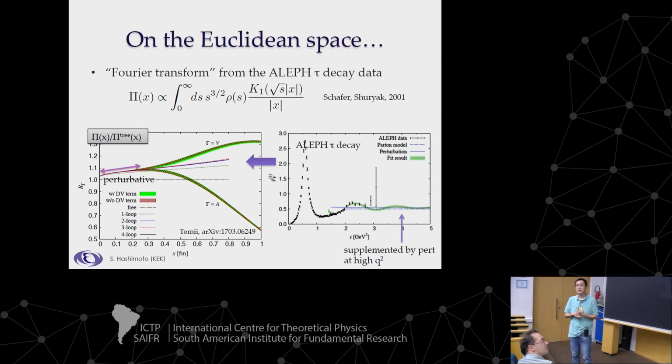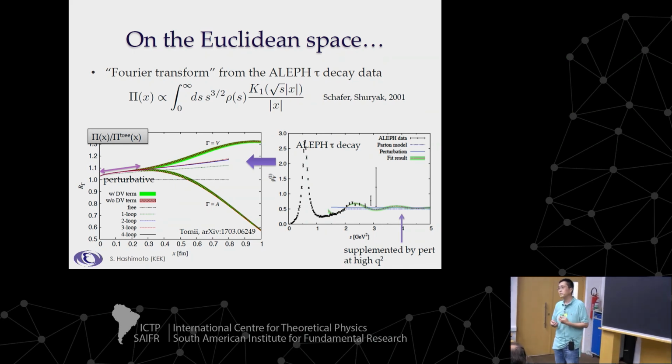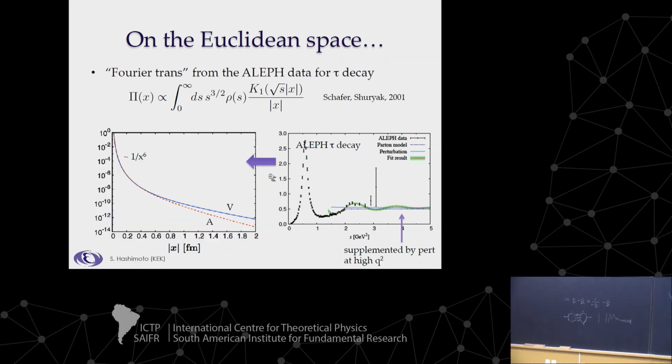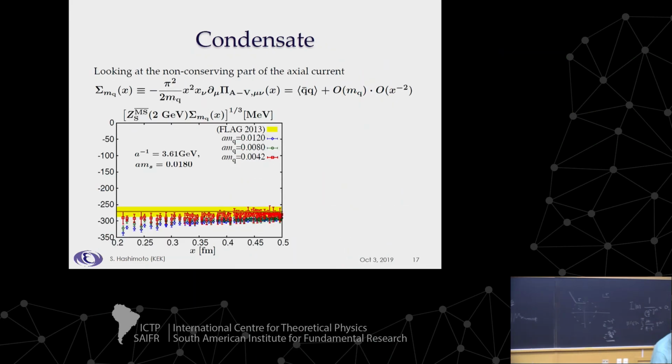Okay. Any other questions? In the extraction of the quark condensate from these current correlators, you're using the tree-level matching coefficient on the perturbative side. Did I get that right?